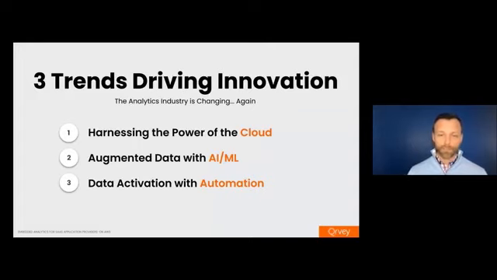And really it's the rise of the cloud, which obviously just continues to grow by leaps and bounds. But this whole idea that you can do more with data augmentation is becoming far more accessible than it was even just 5 years ago. And then really that last step, what does data activation actually mean? And why is that easier now than it was years ago?